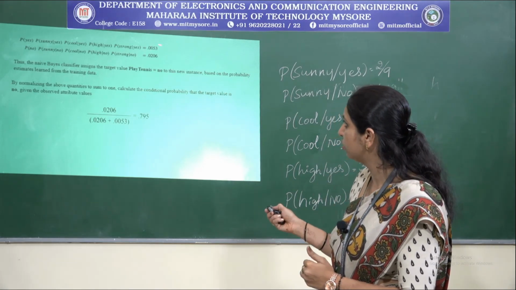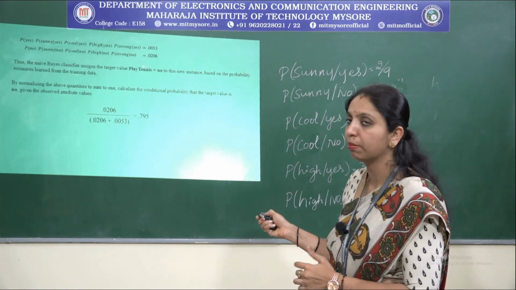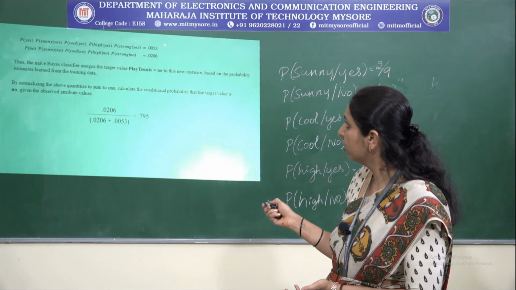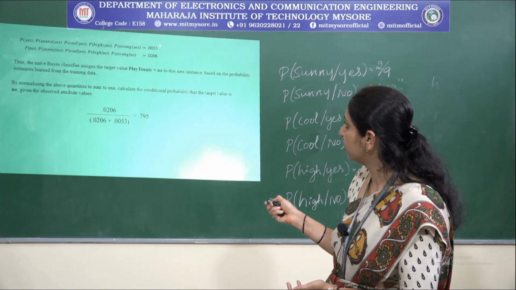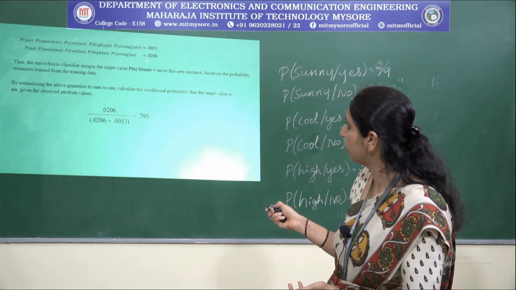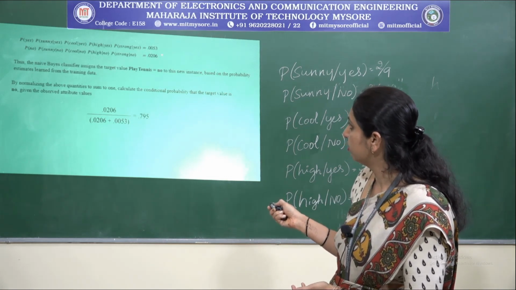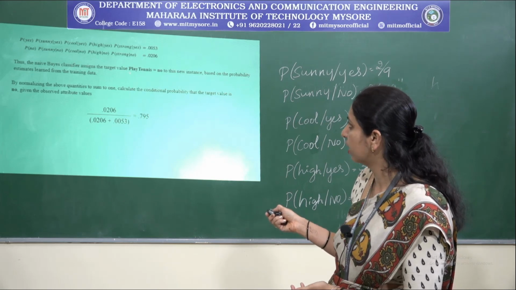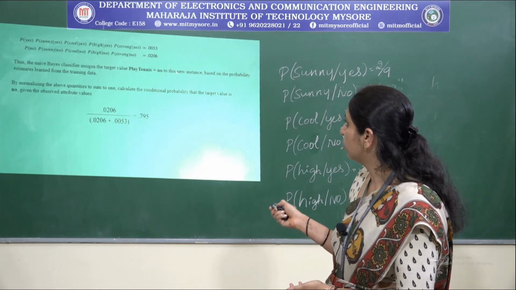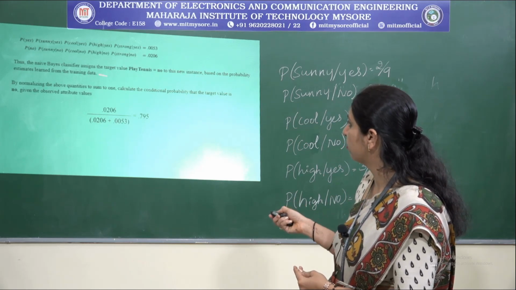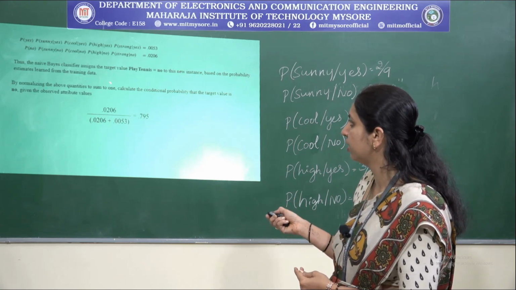Because out of these two values it should find the maximum value, and if we compare these two, this is the maximum value. So the target value will be no for this new instance, based on the probability estimates learned from the training data.